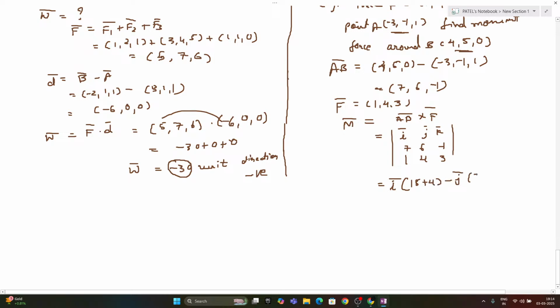Then 7 threes are 21 plus 1, and k bar 28 minus 6. So 18 plus 4 it is 22i plus 22j, sorry, minus 22j and 22k. It is the moment of force m bar.